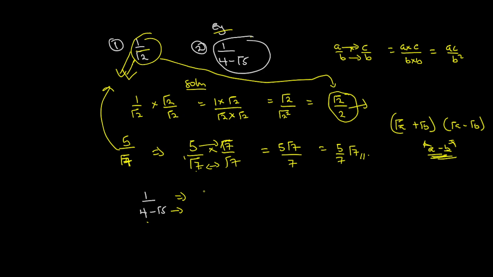Okay, so let's see. We can multiply the numerator and then the denominator by the conjugate. So we have 1 over 4 minus root of 5 multiplied by, what's the conjugate of this? We have 4 plus root of 5, and then divide again, 4 plus root of 5.